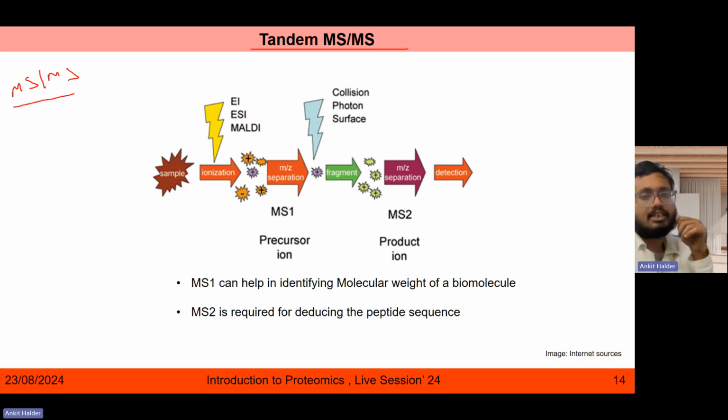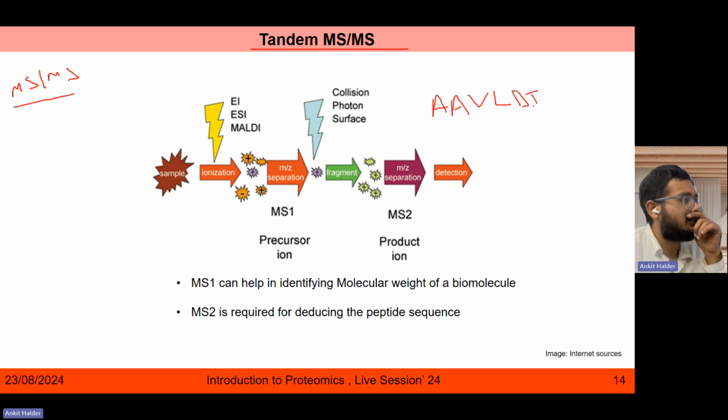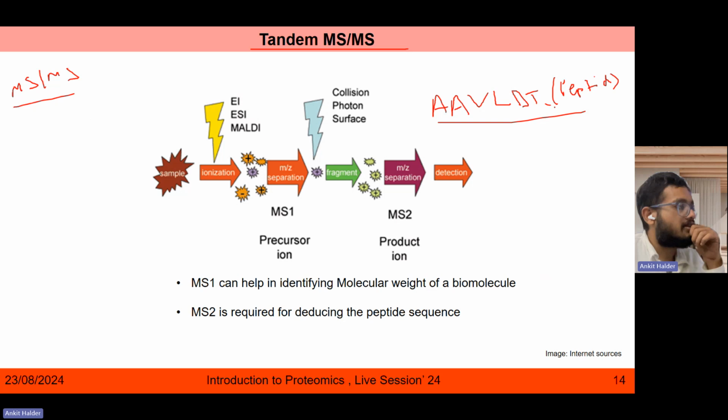We are calling it tandem MS. What we talked about is that we have peptides, and we also gave an example. Whatever the peptide is, you can take any peptide arbitrarily. If you say its molecular weight, for example, is 304 Dalton, I'm just taking an arbitrary number.